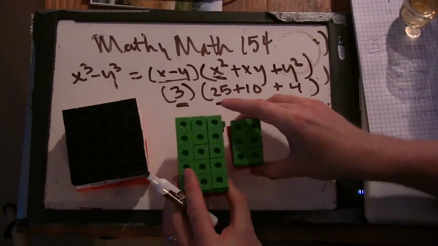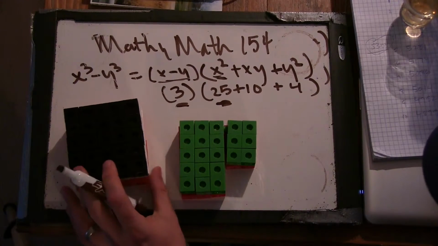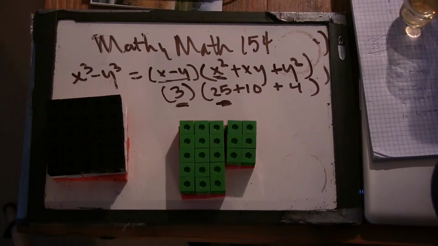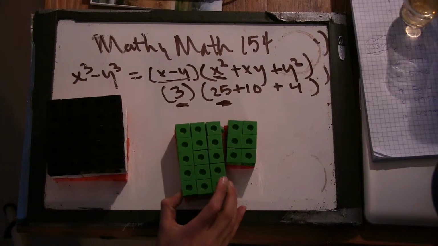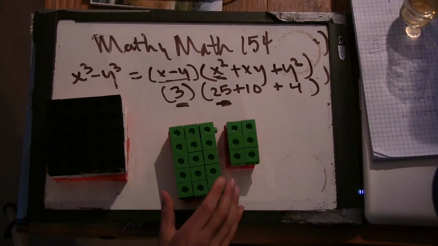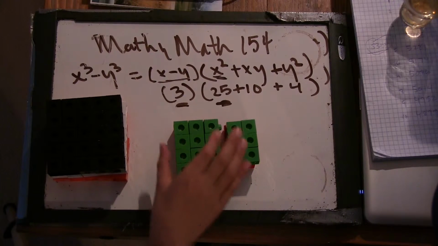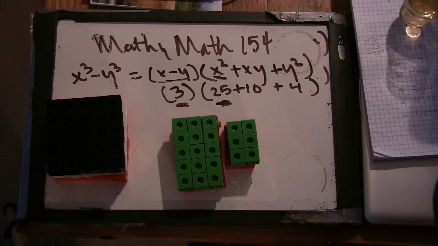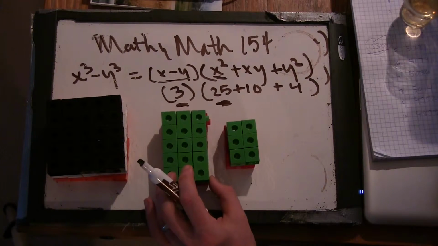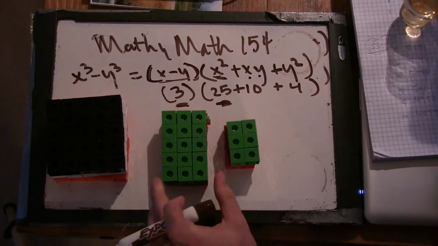Now we're left with this on top. You'd have layers that are x by x minus y, and then there'd be y layers. How can we understand the x minus y and the xy with this?